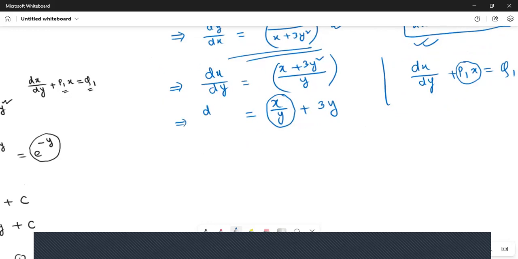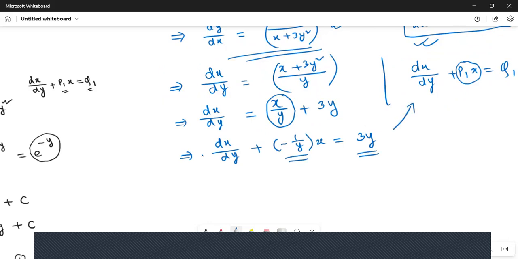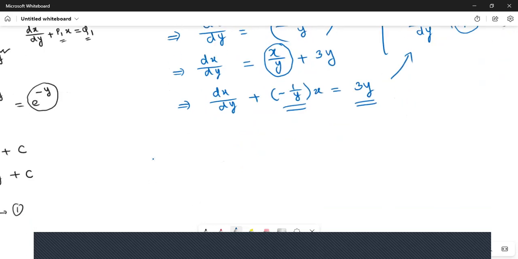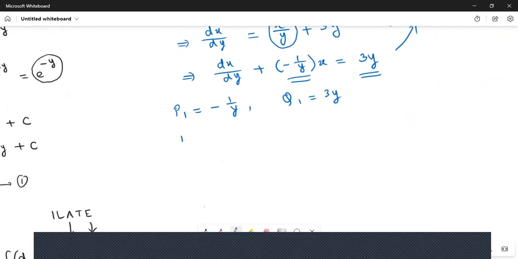So I write this one dx by dy, then you write minus 1 by y x, correct? And that will be equal to 3y. Now it looks like this particular form, yes? So this will become your p1, that will become q1, correct? So p1 I will write here minus 1 by y, and q1 I will write here 3y, okay? Then we need to find the integrating factor.